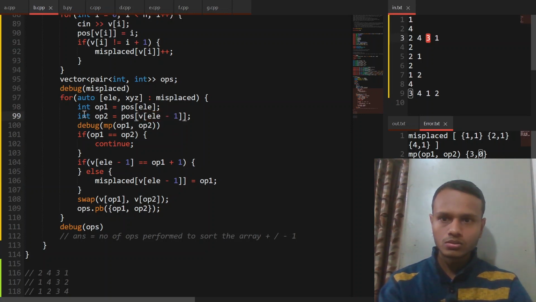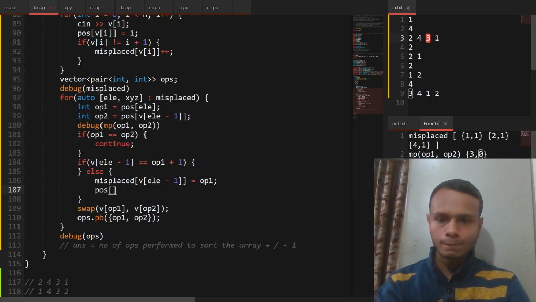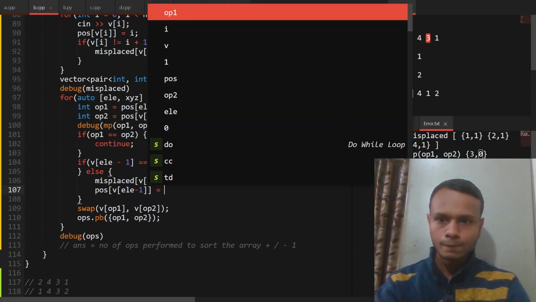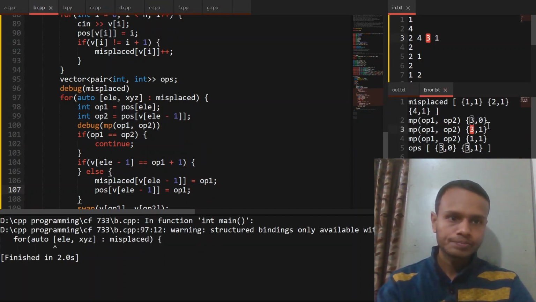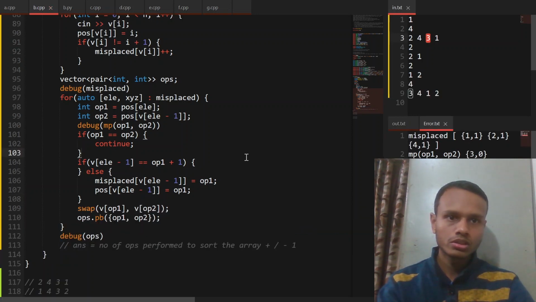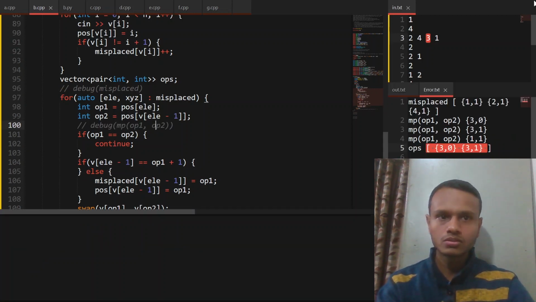So v of 0, op2, this is 0. Yeah, I think this should be right. Now the operations reduced to 2 only. Yeah, I think this is correct, because we require only 2 operations.